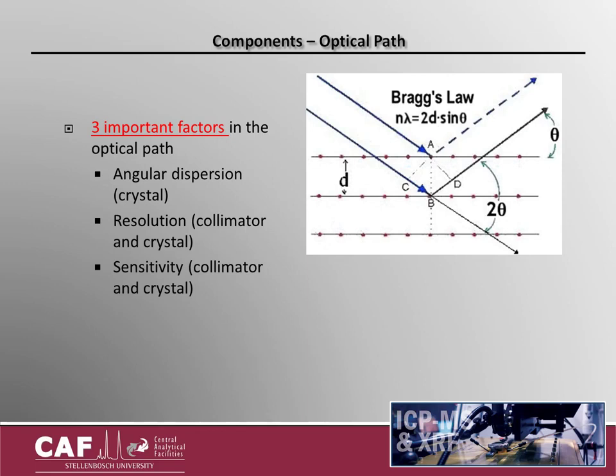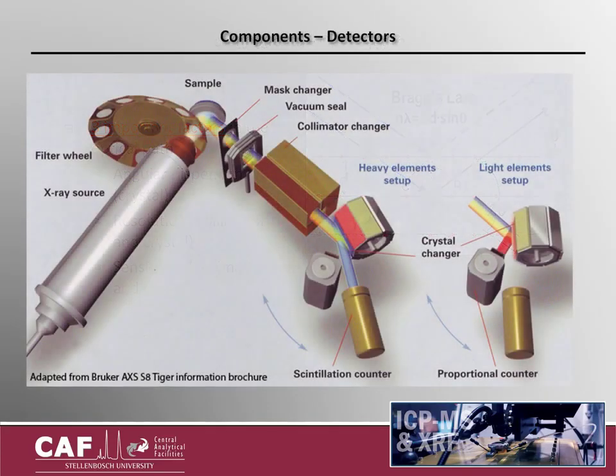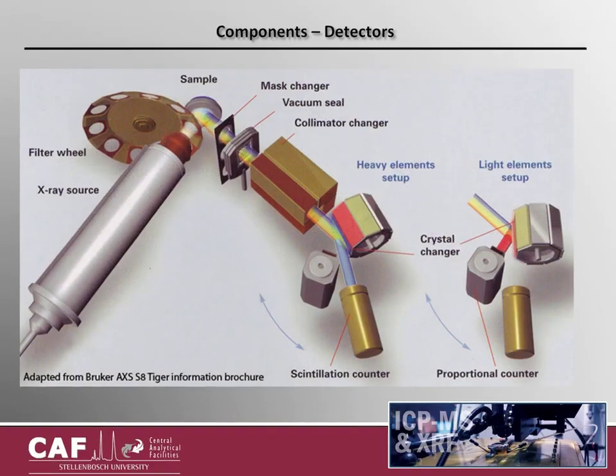The sensitivity, expressed as count rate per unit concentration, depends on the reflective efficiency of the crystal and the choice of collimator slit. It is important to remember that the sensitivity can be increased, but at the expense of the resolution and vice versa. The last component of the spectrometer to be discussed is the detector.